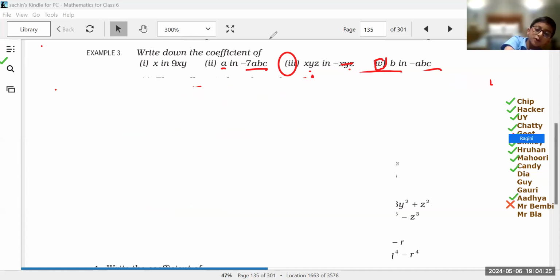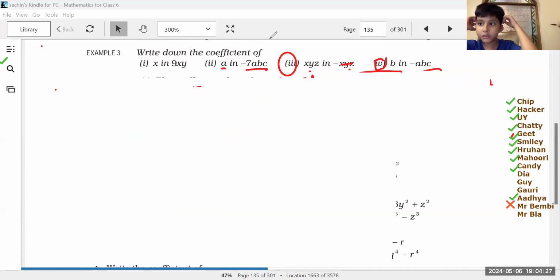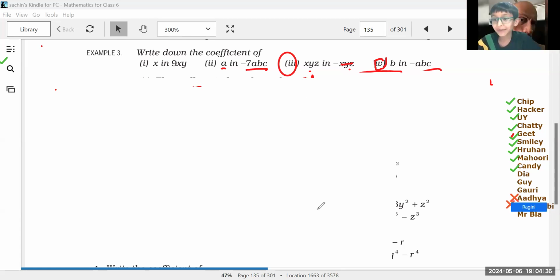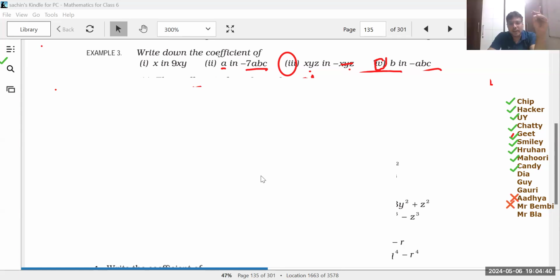Sir, please check my answer. Okay, everyone silent. Everyone silent. Gauri, you can send your answer to me. अभी मुझे बताओ what's the answer. You can speak your answer.